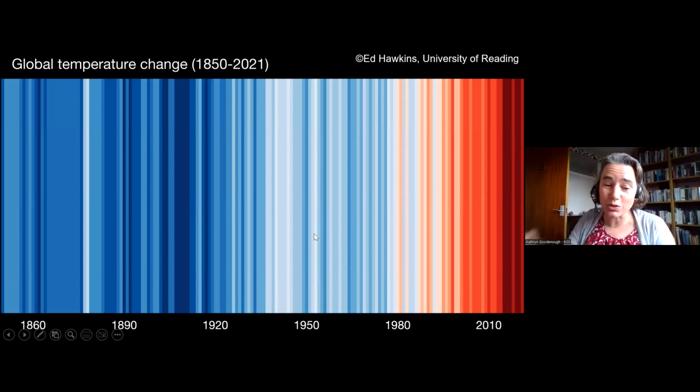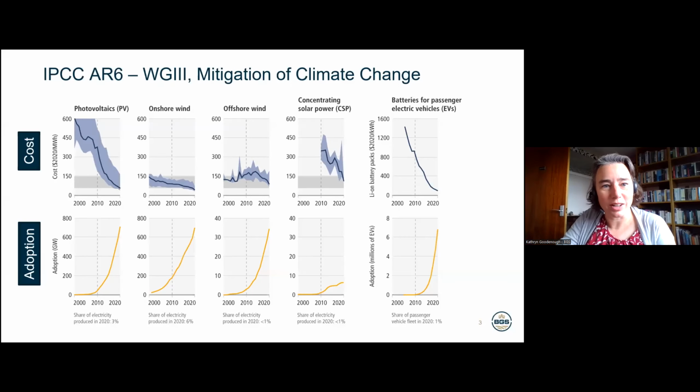So of course, the point of all of that is that we have to develop new technologies that allow us to tackle climate change. One of the latest component reports of the IPCC's assessment report looked at the technologies that we're going to use to try and tackle climate change, showing how for things like solar power, onshore and offshore wind power, and for electric vehicles, the cost has been going down enormously over the last couple of decades.